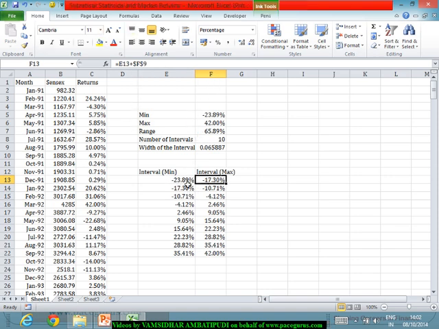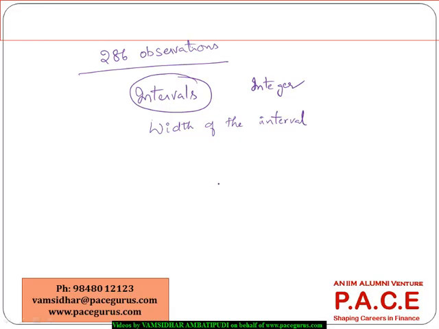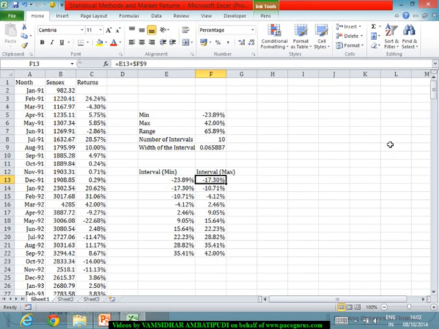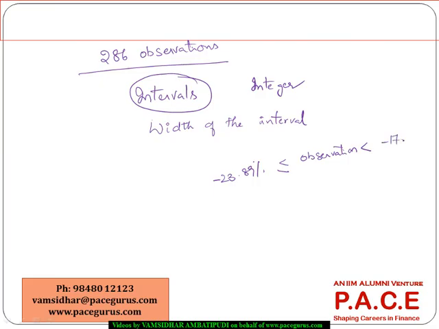I can very well write the things as minus 23.89% less than or equal to the observations less than minus 17.3%.